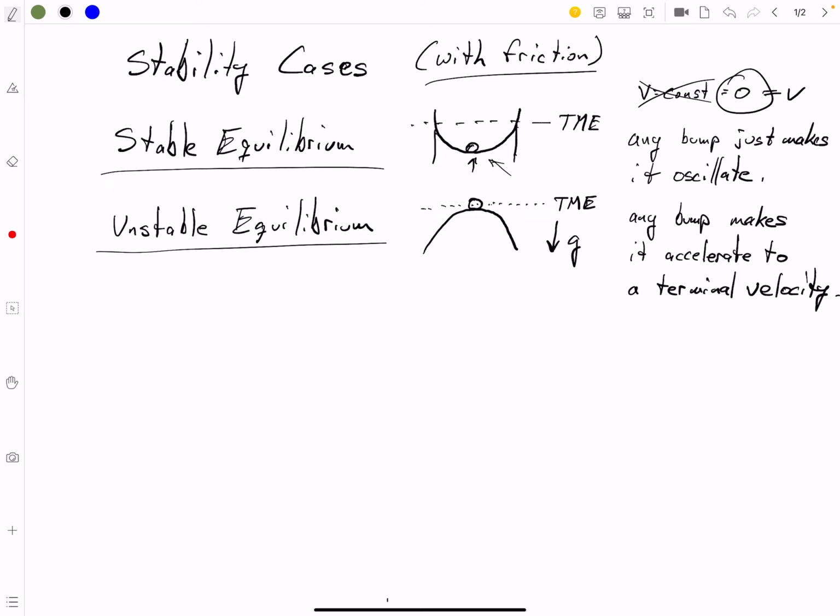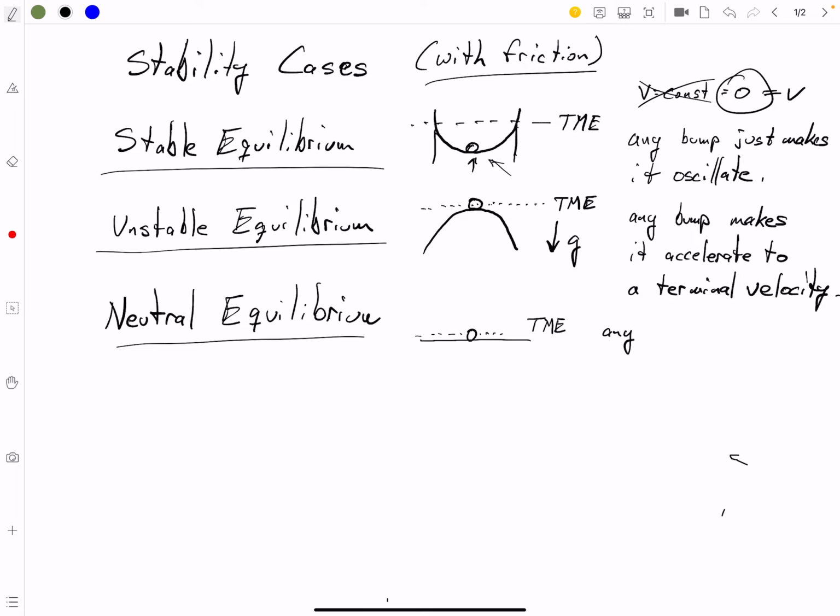Then we have neutral equilibrium, and I'm hoping that you guys can guess what that looks like. That looks like a line, a flat surface, right? And the ball is placed in that flat surface. The total mechanical energy is exactly at the center of mass.